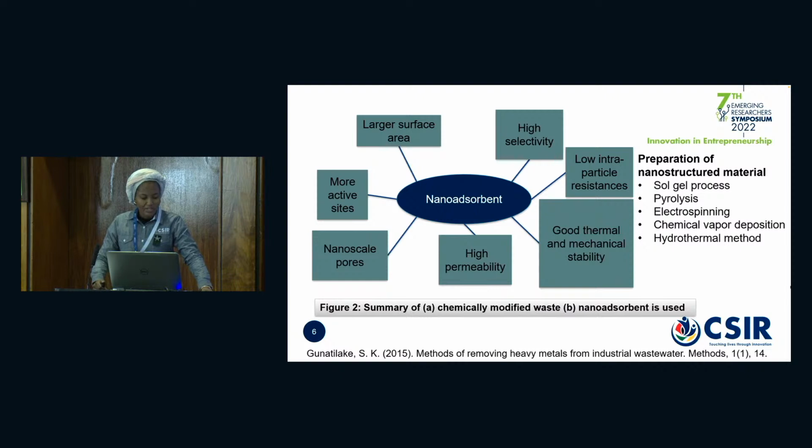Nanoadsorbents have been used in a variety of applications due to the high selectivity, low intraparticle resistance, good thermal and mechanical stability, high permeability, nanoscale pores, more active sites, and larger surface area. Various approaches for preparing nanostructured materials have been reported, such as the sol-gel process, pyrolysis, electrospinning, chemical vapor deposition, and hydrothermal method.